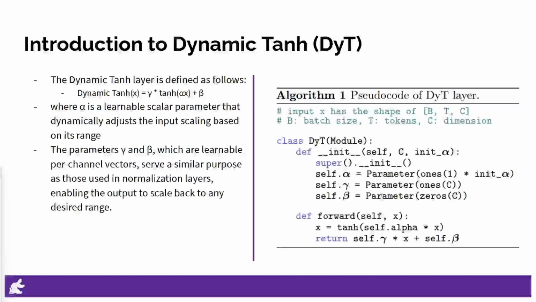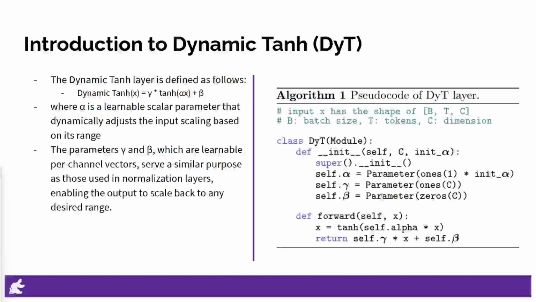The Dynamic Tanh layer is defined as follows: DyT(X) = gamma * Tanh(alpha X) + beta, where alpha is a learnable scalar parameter that dynamically adjusts the input scaling based on its range. This is the essence of the Dynamic Tanh operation, which allows for a more nuanced and context-dependent scaling of the input.